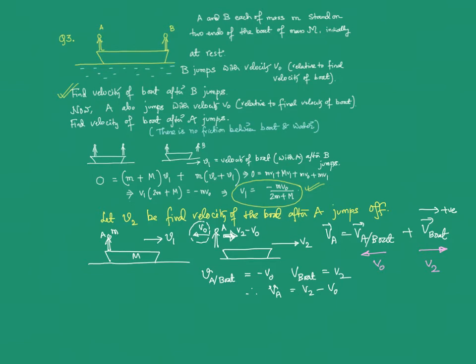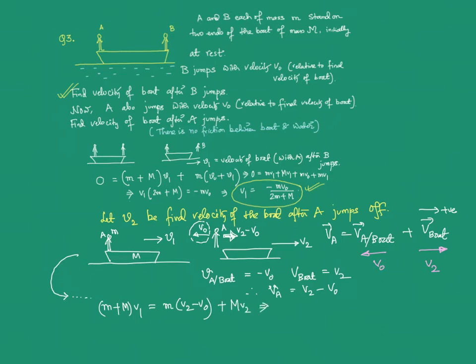So again we can conserve momentum for this case. What will it be? Small m plus capital M times v1 is equal to small m times (v2 minus v naught) plus capital M times v2.